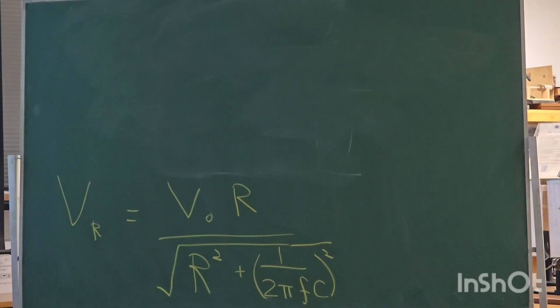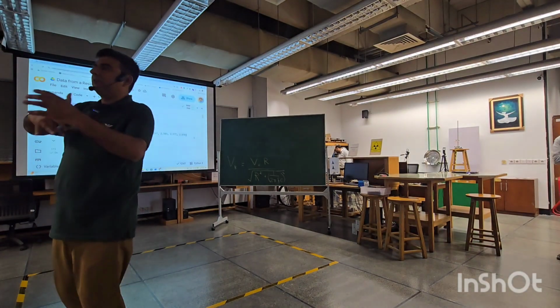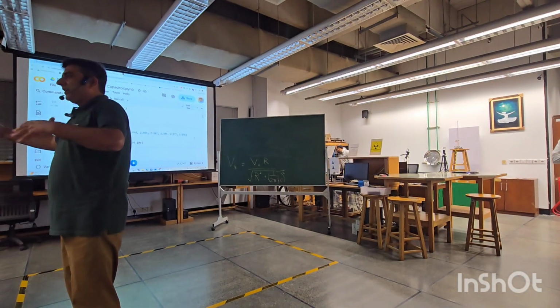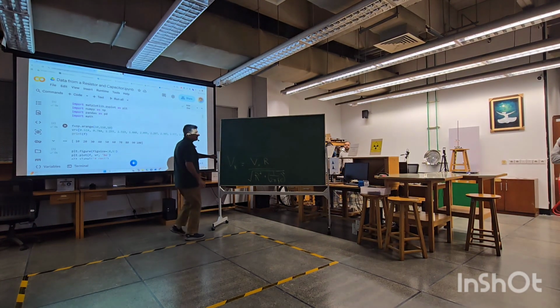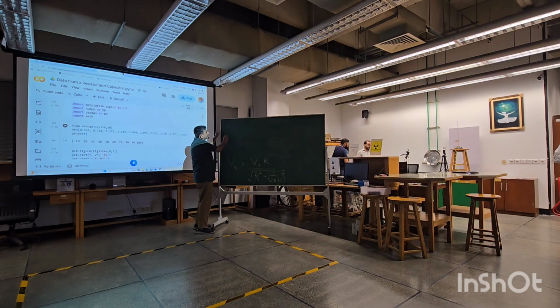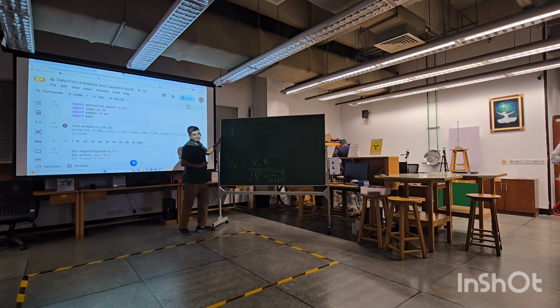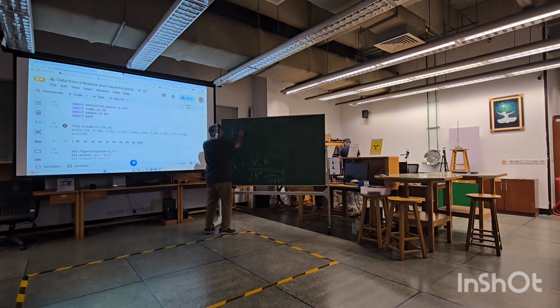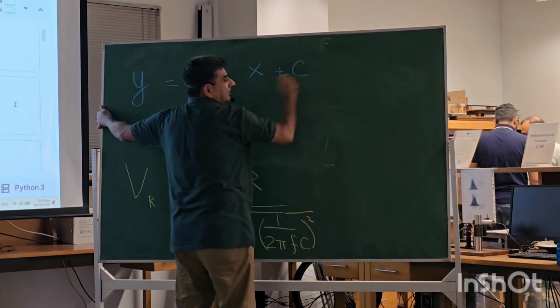Recast means mold this equation, change the order, change the numerator to a denominator, do something so that this equation is linearized, which means I would like to write this expression as y equals m, which is the slope of a line, plus c.